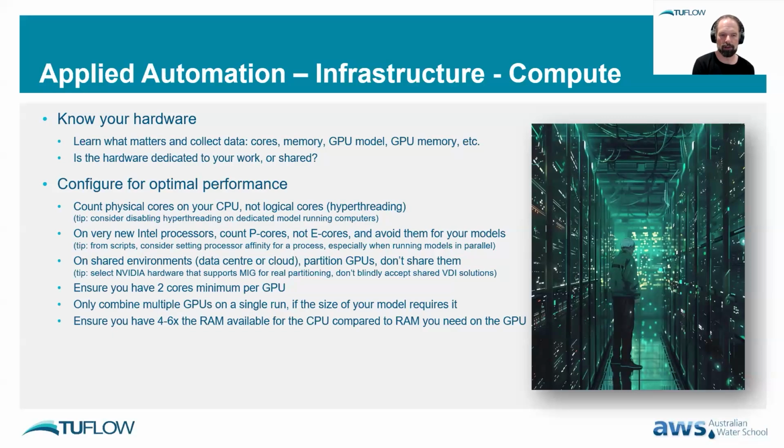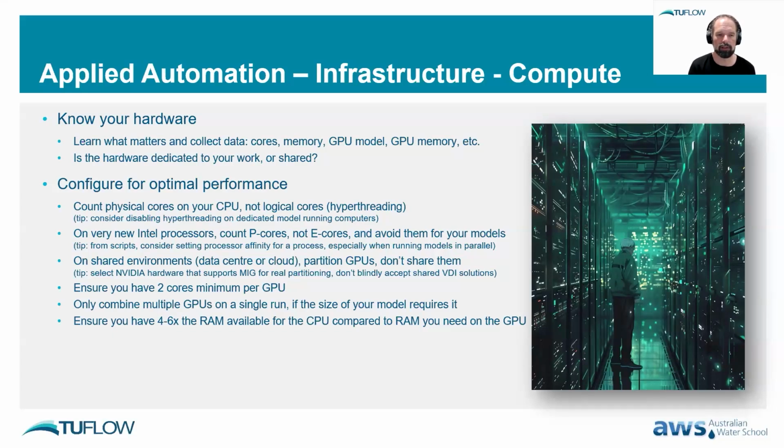When you're counting cores on a CPU, count the physical cores. Don't count the logical ones. So that means when you have a hyper-threading CPU and you bought it as a 16-core CPU, it's quite likely that it only has 8 physical cores and it has 16 logical ones. Count the physical ones. Those matter when you're trying to measure how quickly your stuff will run.